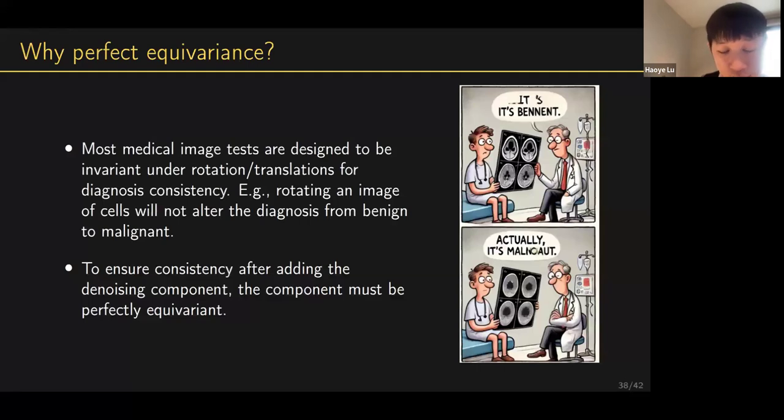To ensure consistency after adding denoising or transferring components, we want the components to be perfectly equivariant. Otherwise, if we rotate or flip an image, the component will generate some new features we didn't expect, and then probably the detection algorithm will generate some opposite result.